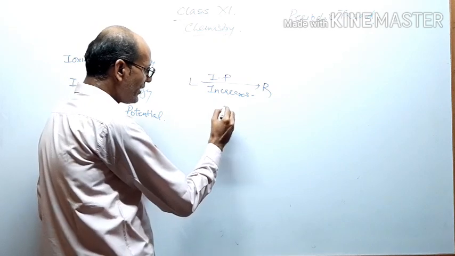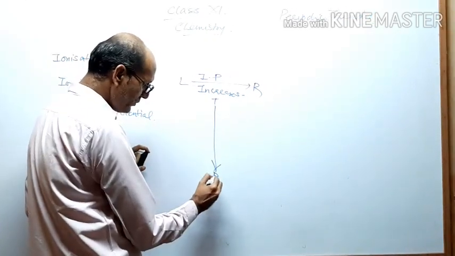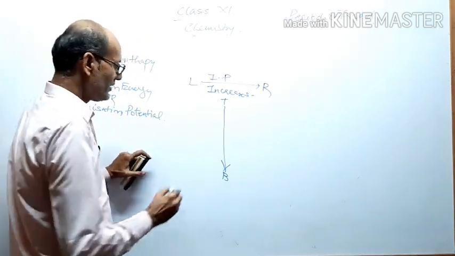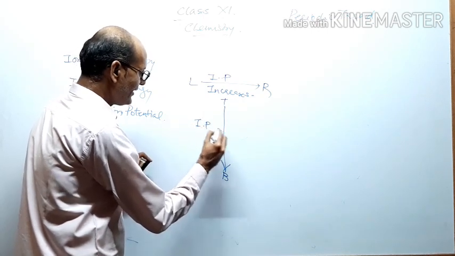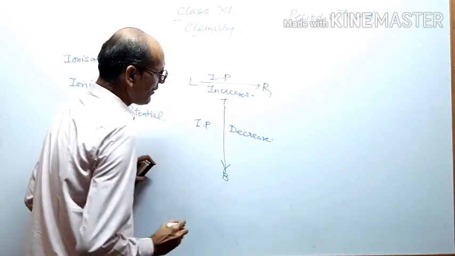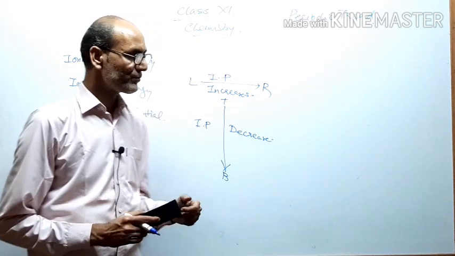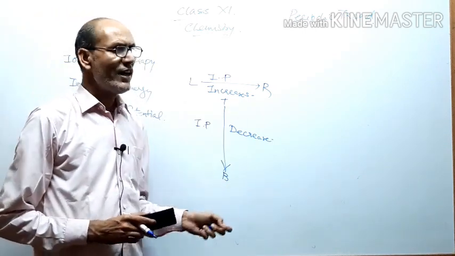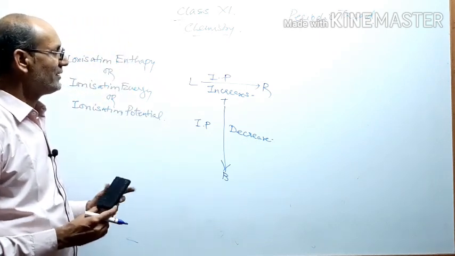And on moving from top to bottom in any group or similar type of elements, ionization potential decreases because the number of valence electrons remains the same and the size of the atom increases.